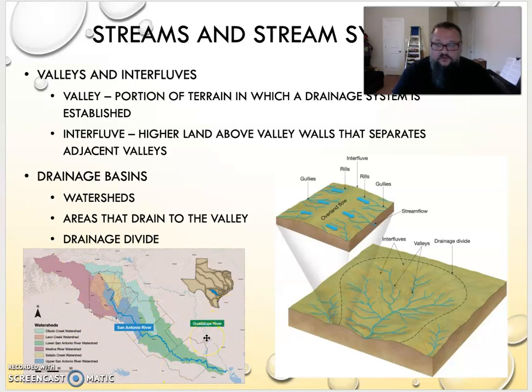And if you look at the United States as a whole, the watershed for the Mississippi River would be huge. It would probably encompass 40 states. But it's made up of lots of smaller watersheds within it.